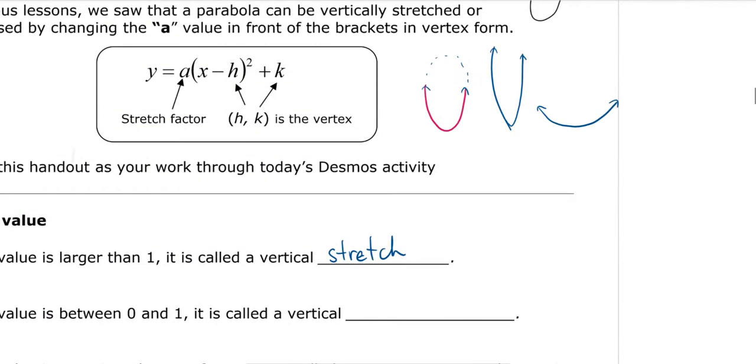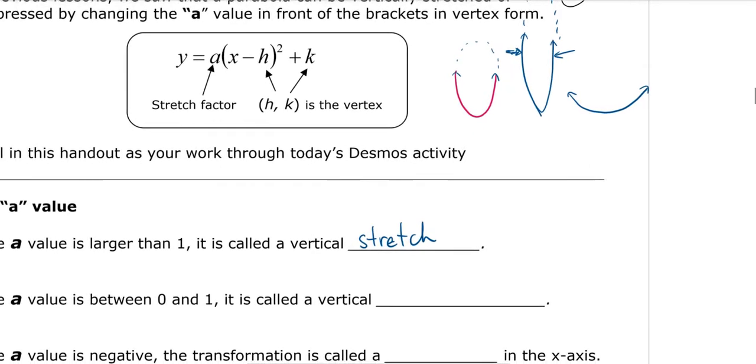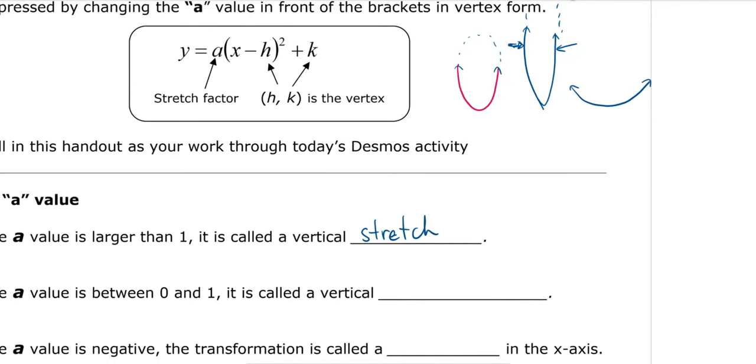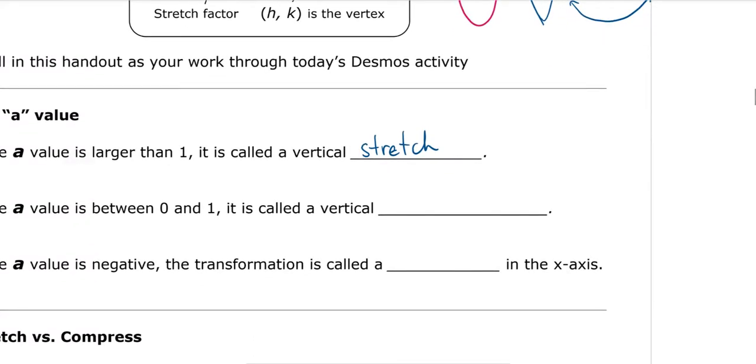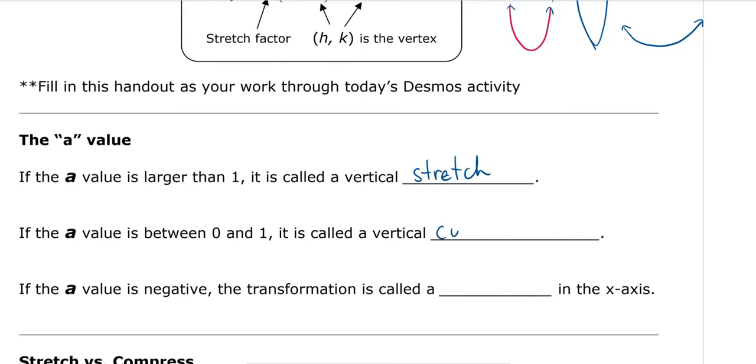If you stretch the rubber band vertically, you'd get a stretched rubber band, and the walls of your rubber band would become narrower. So it's a stretch, it's vertical. You're stretching it up and down, and the walls of the rubber band are getting narrower. Now, if the A value is between 0 and 1, we call that a vertical compression.